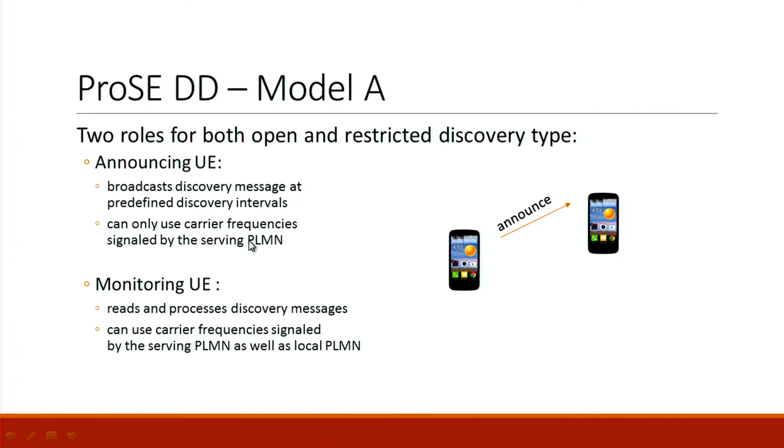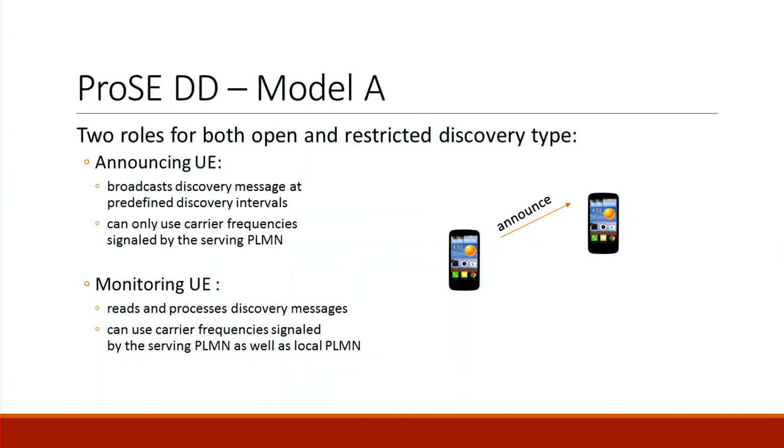What frequencies can be used? Now, this is a tricky problem, because remember, the frequencies are the property of the operator. And when you are given permission, the operator, as we shall see later, will tell you, okay, you want to do direct discovery, you do it on these frequencies that I'm telling you, of these resources.